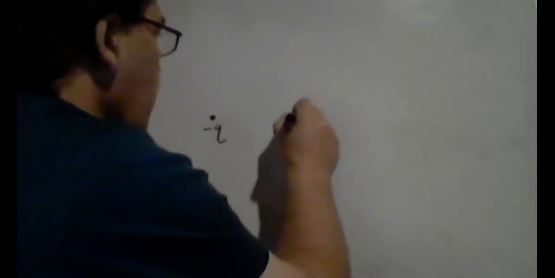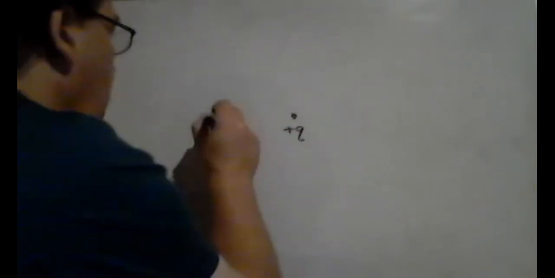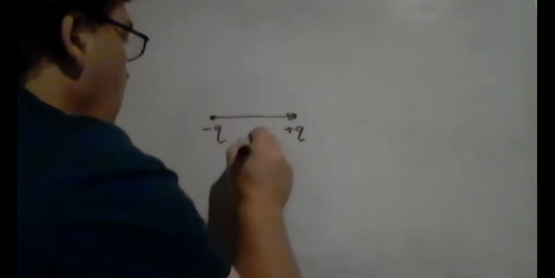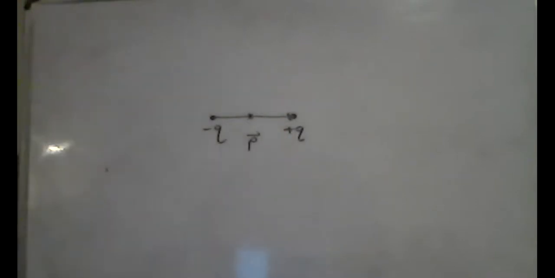We essentially had a negative Q and a positive Q in close association. We know the dipole is going to come across, that's P, and we also know that this is my origin.